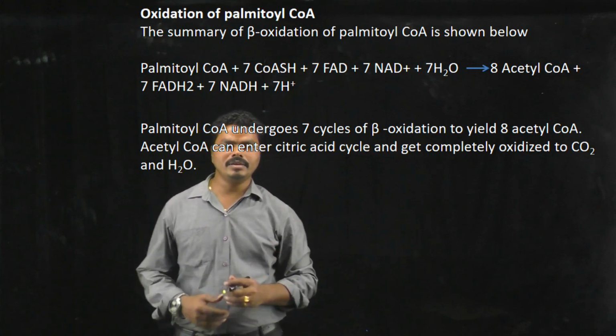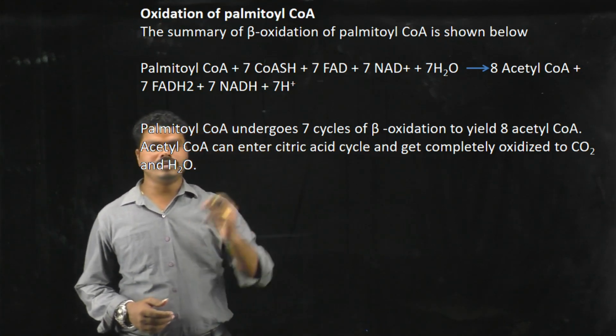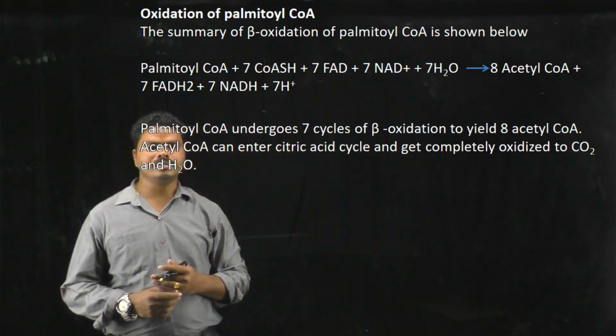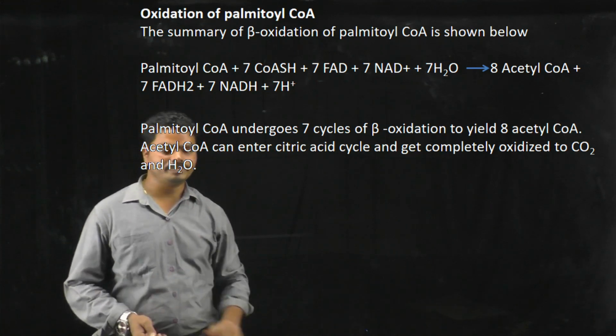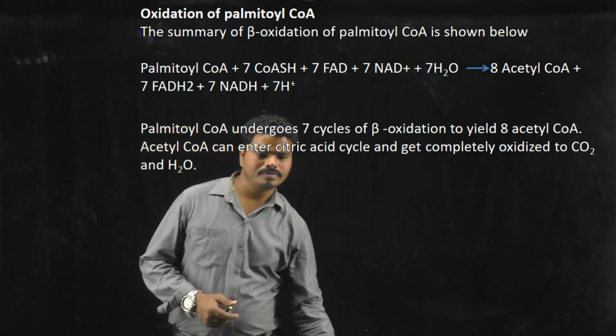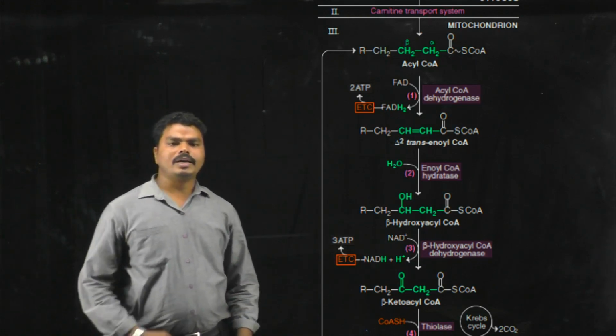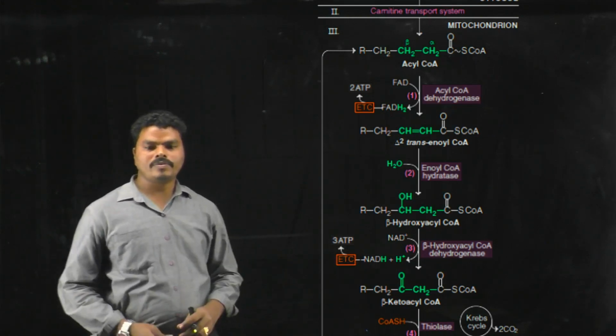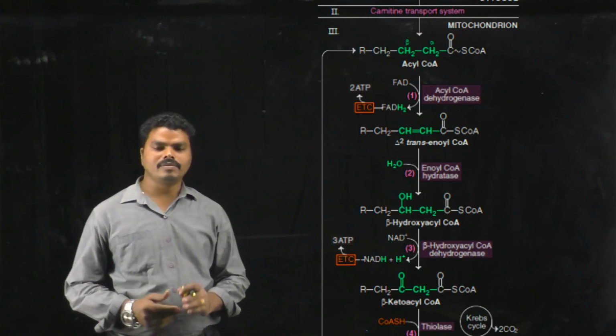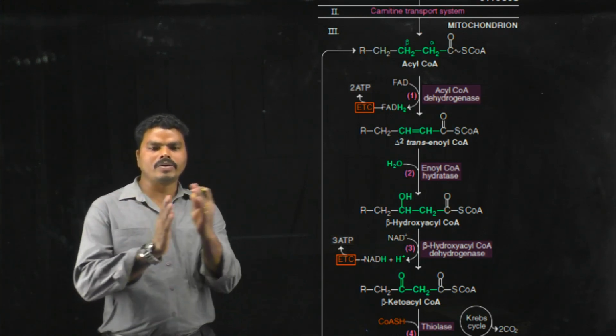So let us see each cycle of beta oxidation regarding this palmitoyl-CoA. We know that the acyl group of the fatty acid will be transferred from the cytosol of the cell to the mitochondrial matrix.